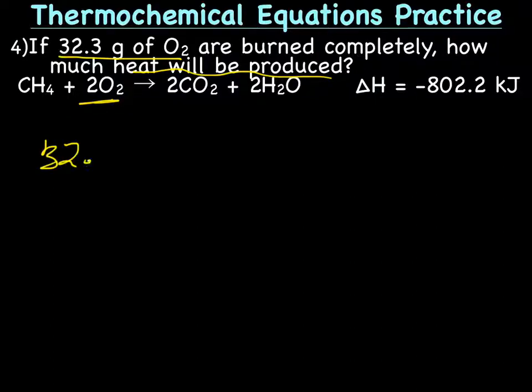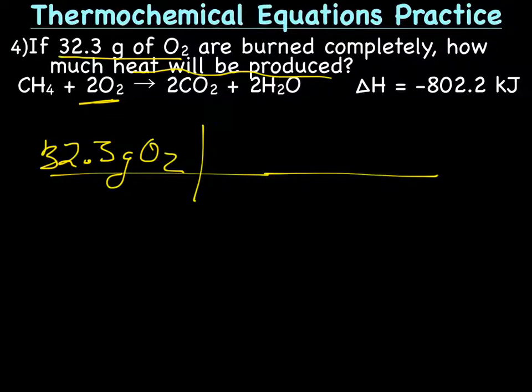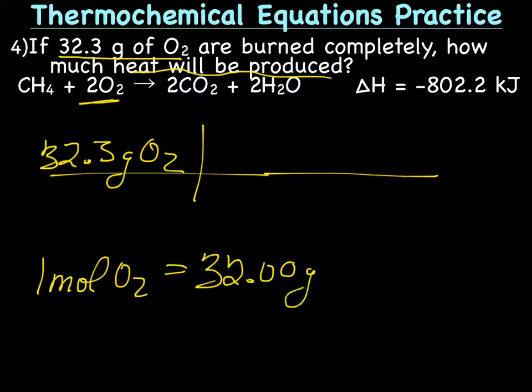So we're going to have 32.3 grams of O2 over 1, and we'll be using the equality 1 mole O2 equals the molar mass of O2, which is 16.00 plus 16.00, or 32.00 grams of O2.